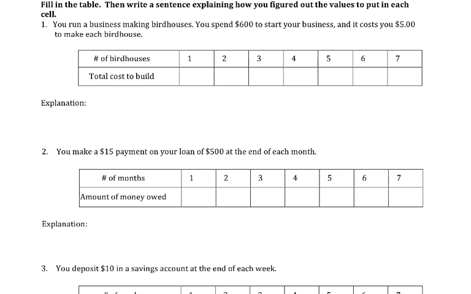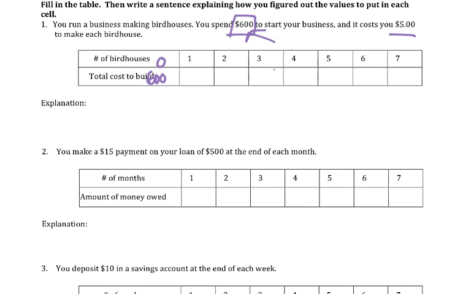Okay, so what you want to think of is we had to spend this much, and then 5 per one. Now, you may think that you only have to start with $5 per one, and then 10, and then 15, and so on. The problem is you already spent that $600. It's like if you didn't build any birdhouses, you'd still be in the hole $600.